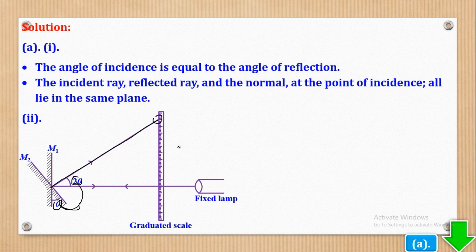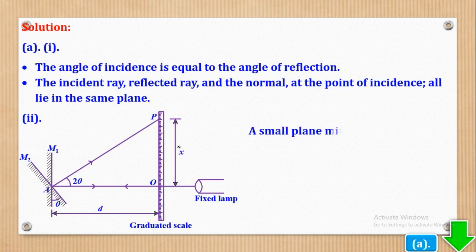So the angle of rotation of the reflected ray is twice the angle of rotation of the mirror. I think you remember that. So how to measure these distances? Distance d and the distance here, which is x. So with that, we can go to our description.